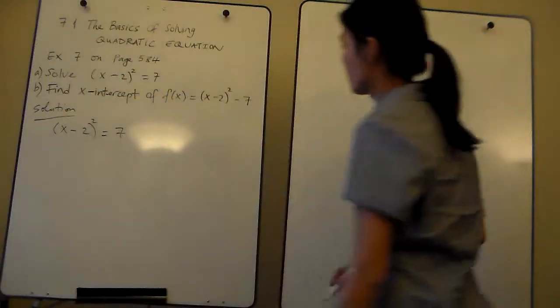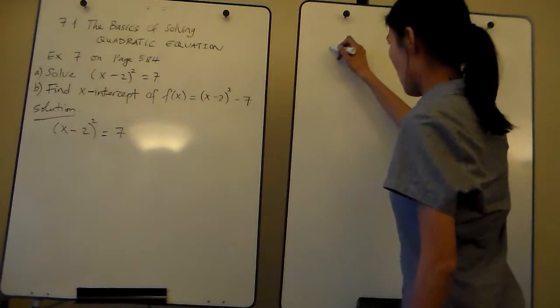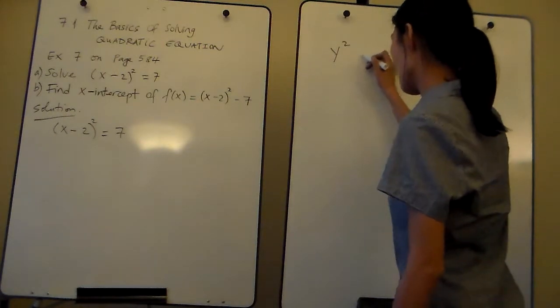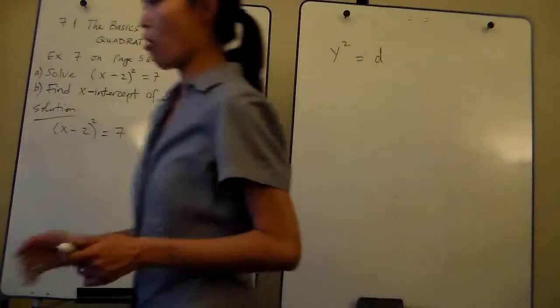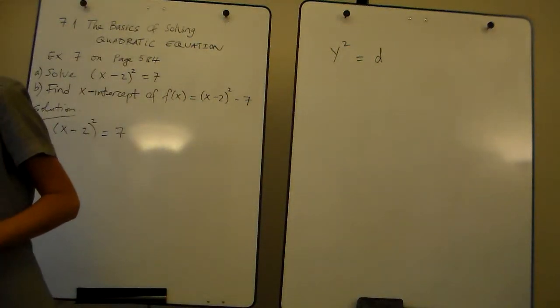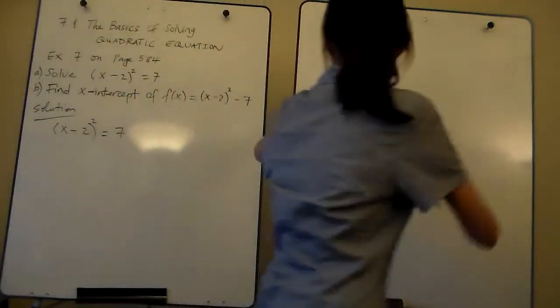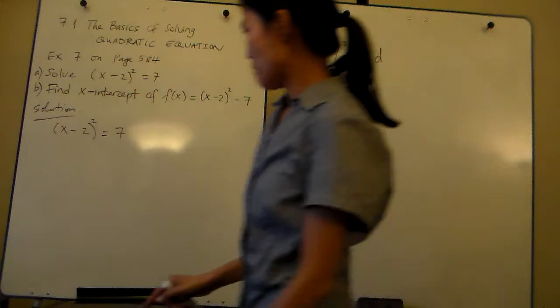You can treat this as y squared equal to d, which is called the principle of square roots. Treat whatever is here as y, so y squared equal to d.